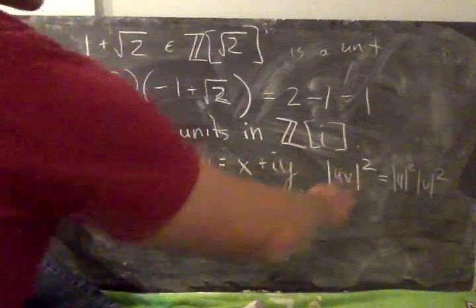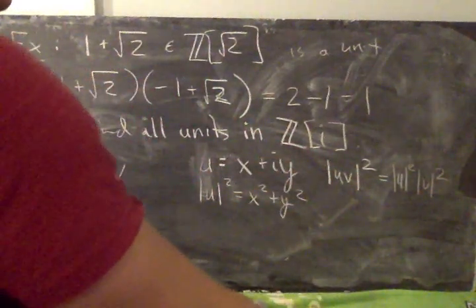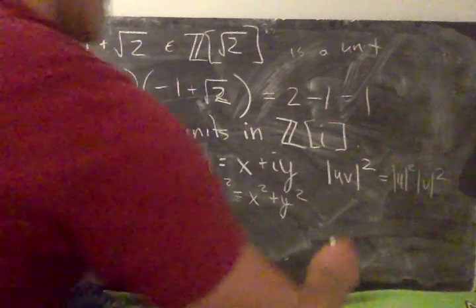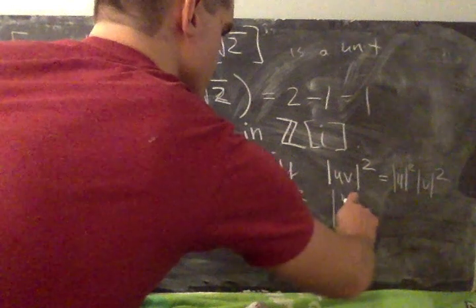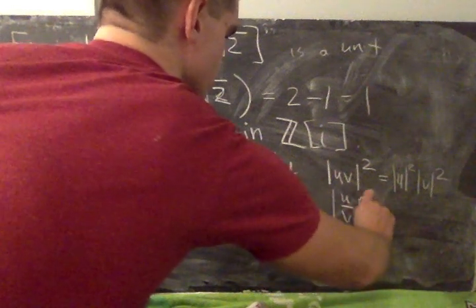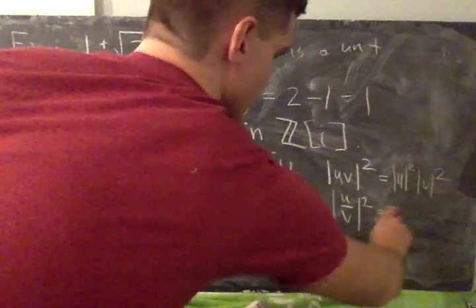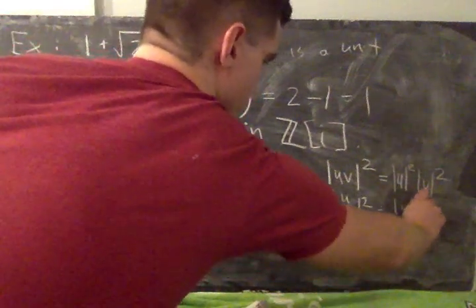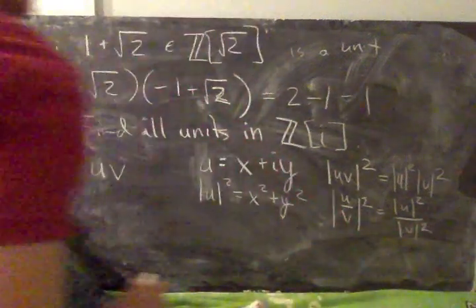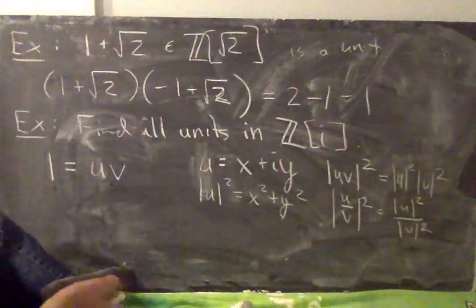So this function is multiplicative, and it also works for division. Complex numbers are a field, so we can divide, and the norm squared of a quotient is the quotient of the squared norms. So we can make use of that over here.